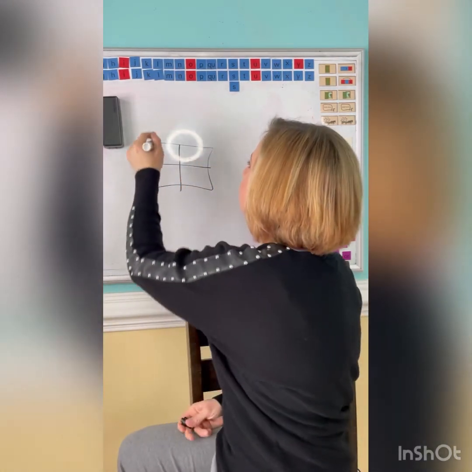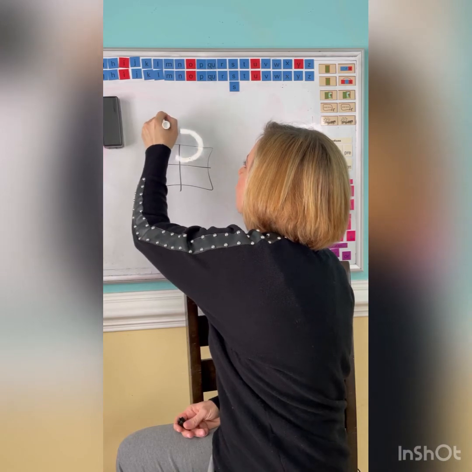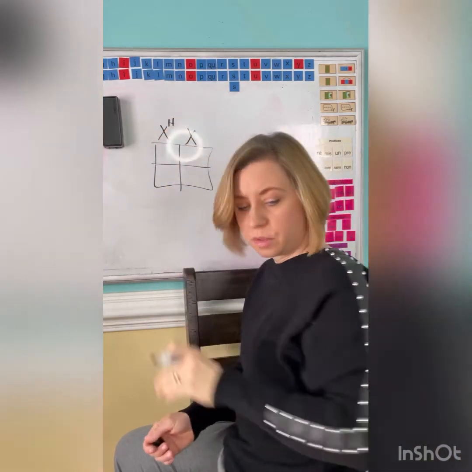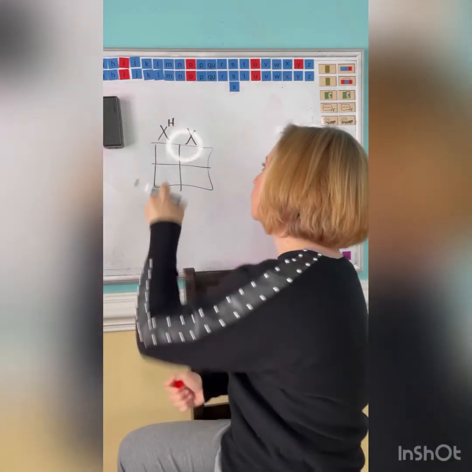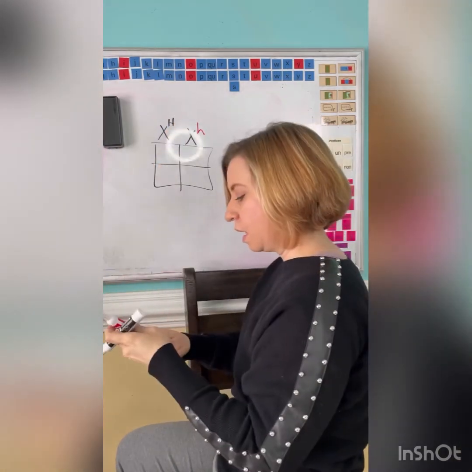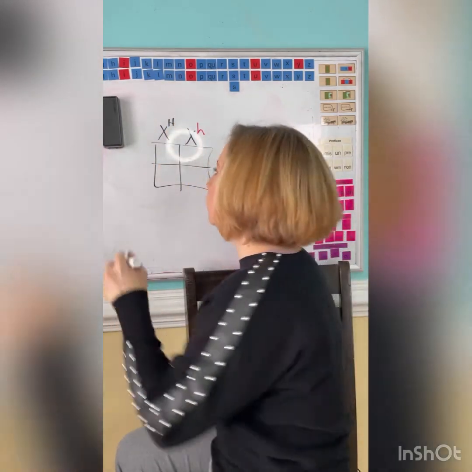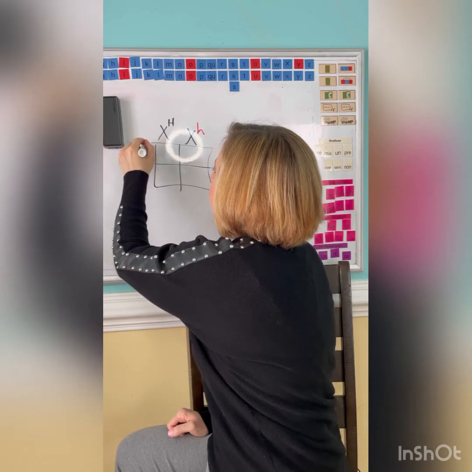Okay, so Queen Victoria was a carrier for hemophilia. We're going to just mark that with an H. And then her husband did not have hemophilia, so he had the dominant gene.